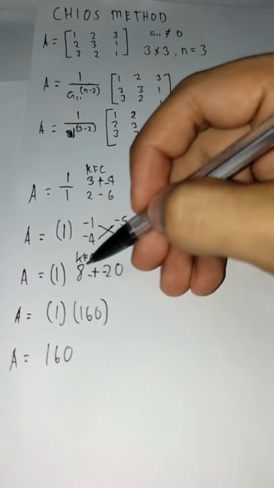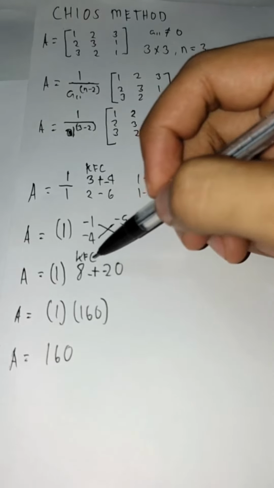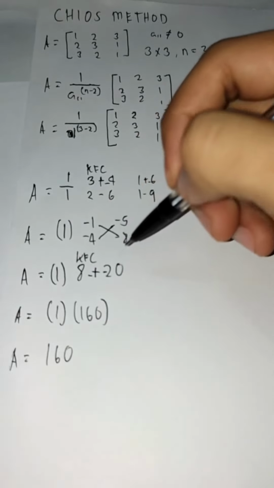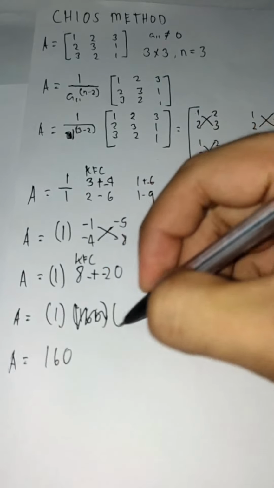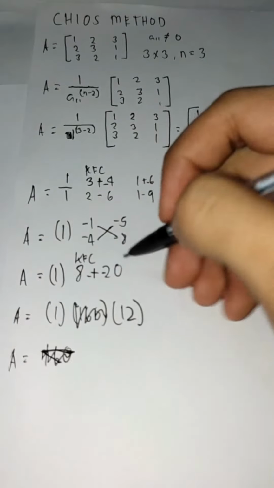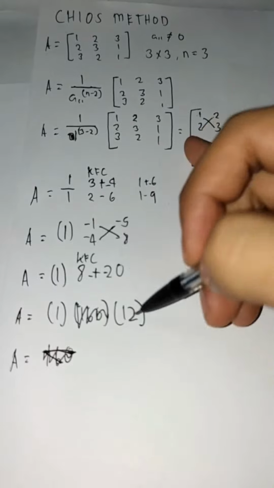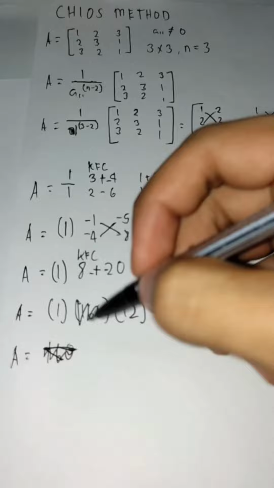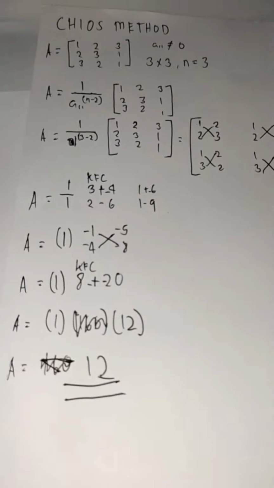So, 8 minus 20 is equals to negative 12. So, mali pala to. 8 minus 20 is negative 12. So, 1 times 12 is 12. Then, ito na yung final answer natin. 12.